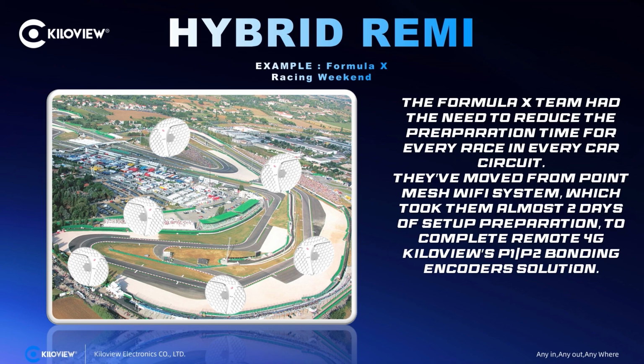So basically the team had the need to reduce the preparation time at every race circuit where they have to perform those broadcasts. So they moved from a point-to-point mesh Wi-Fi system that took almost 2 days of setup preparation to a complete remote Kiloview 4G solution with P1 and P2 bonding encoders.